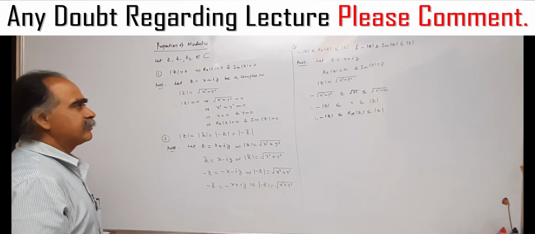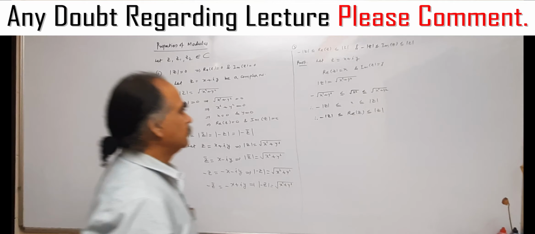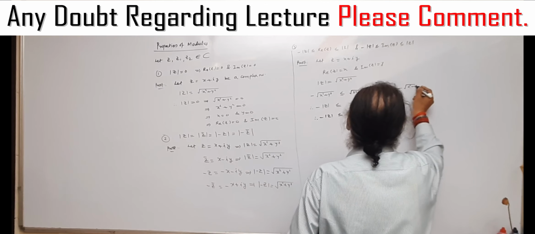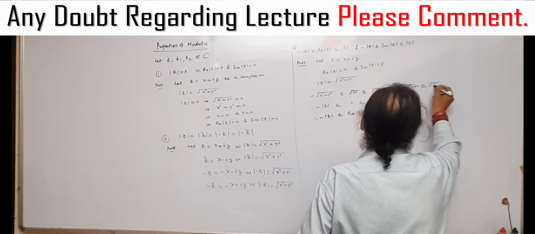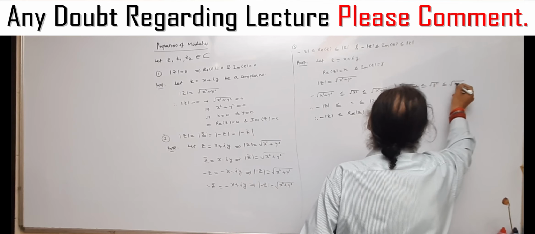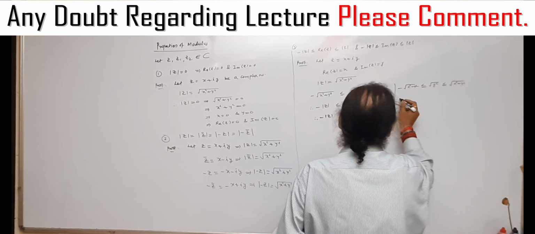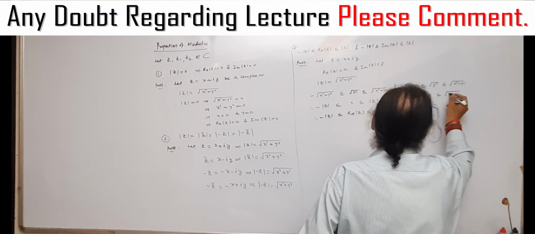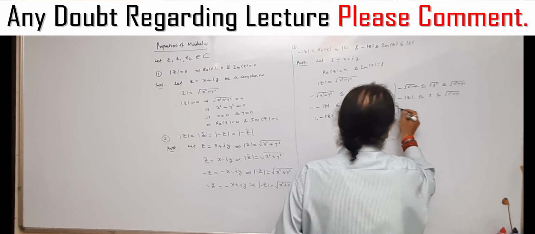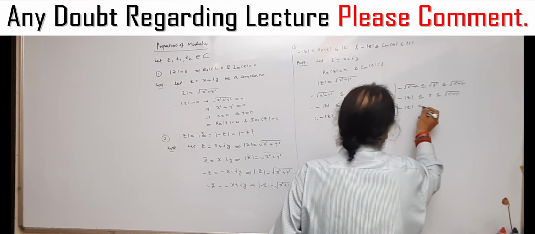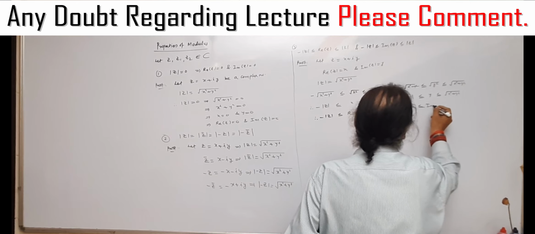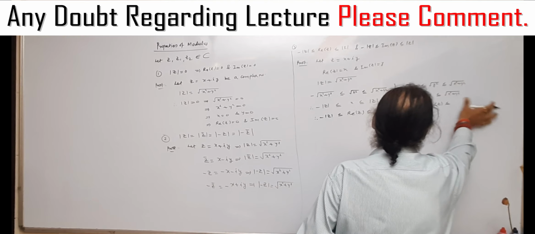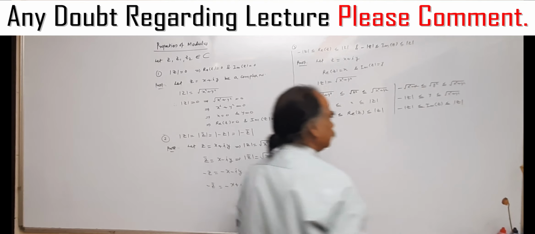Same way we can write minus root of x square plus y square is less than or equal to root y square, which is less than or equal to root of x square plus y square. So minus mod z is less than or equal to imaginary part of z, and this is nothing but less than or equal to plus mod z.